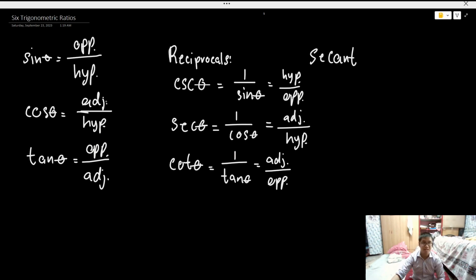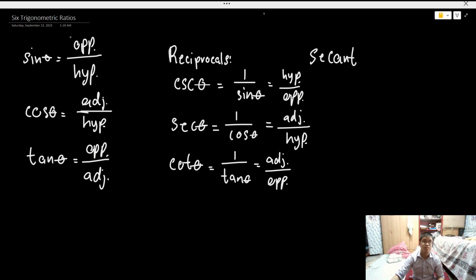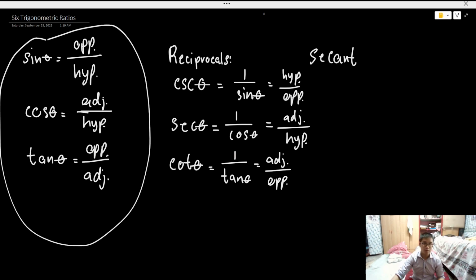Among these 6, these 3 are the most basic. So before you learn cosecant, secant, cotangent, you need to know these.